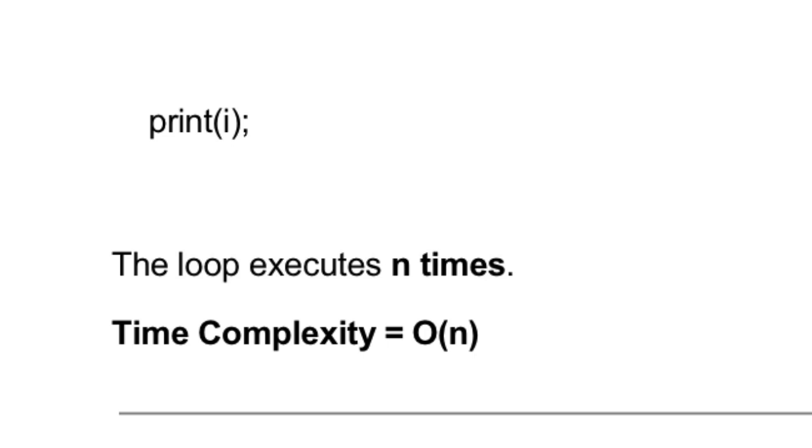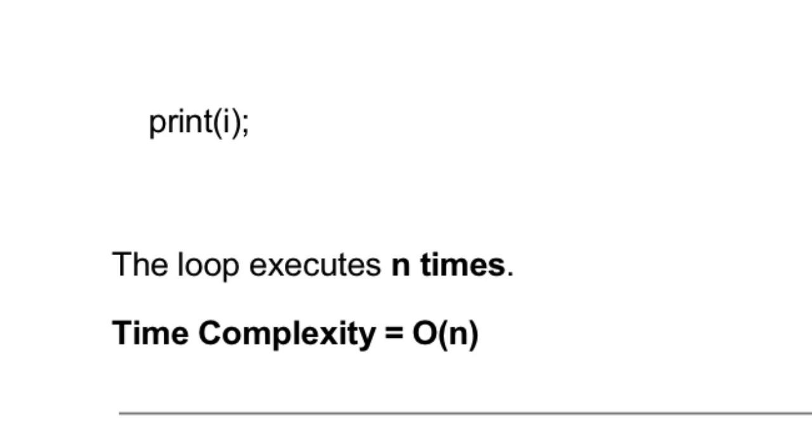If n is 100, it executes 100 times. So the execution time increases with n. Then the time complexity is what? Order of n. This is called linear time complexity.